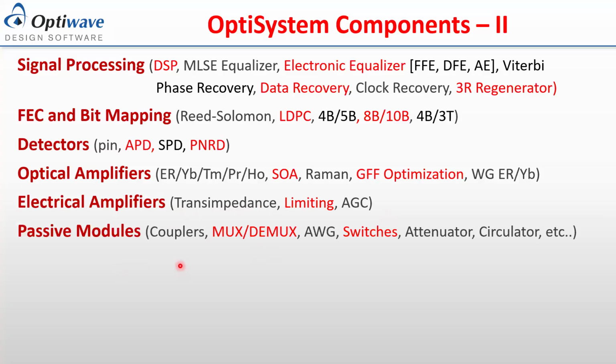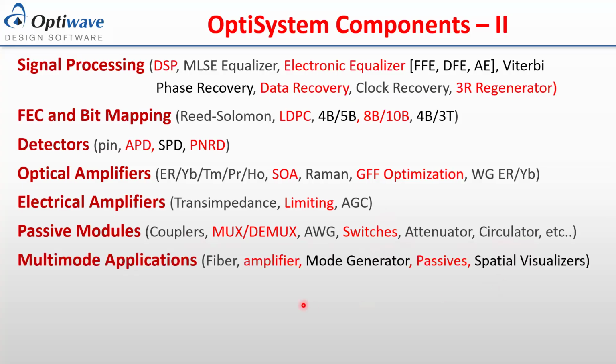Passive modules, whatever devices or modules you could think of, they're available in OptiSystem, from couplers, muxes, arrayed waveguides, switches, attenuators, circulators, polarization controllers, and so on. There are mirrors, reflectors, electro-absorption reflectors, and so on.